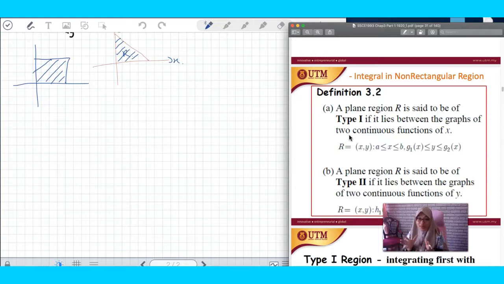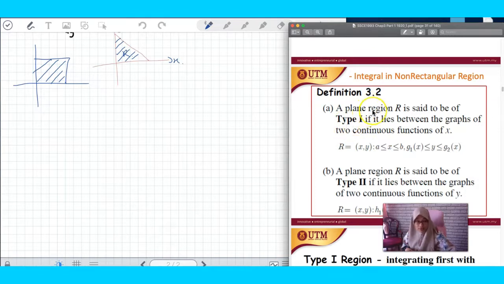So that's why we put the names, but you don't need to know what type 1 or type 2 is, because we never ask you this. It's just to separate the process. Okay, so what does type 1 mean?